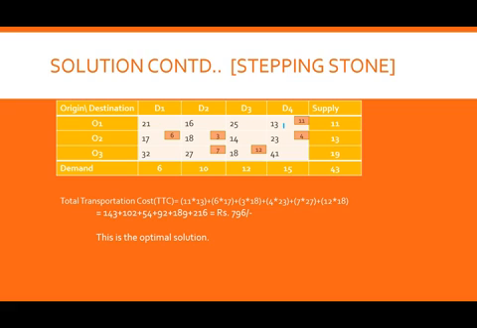It is 11 into 13 plus 6 into 17 plus 3 into 18 plus 4 into 23 plus 7 into 27 plus 12 into 18, which will be rupees 796. We started in the IBFS with 922. Now I have arrived at 796. So this is an optimal solution or the best solution for the problem.